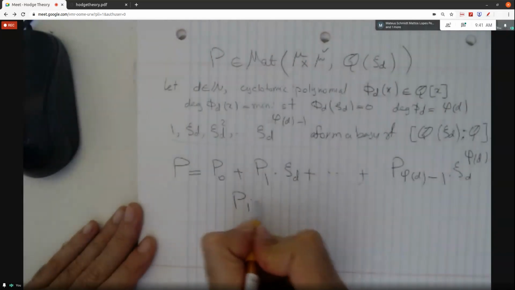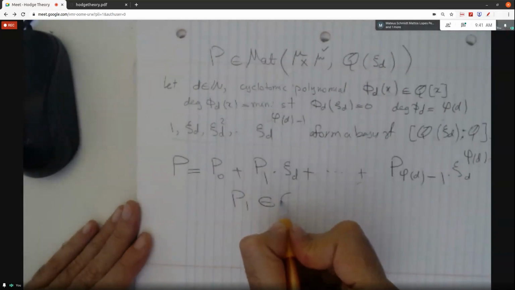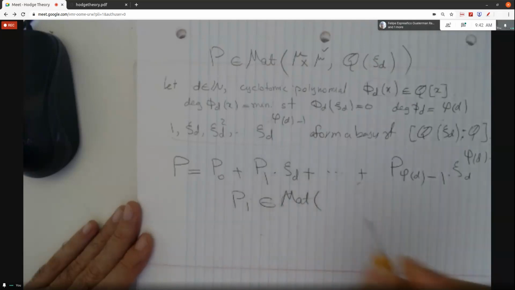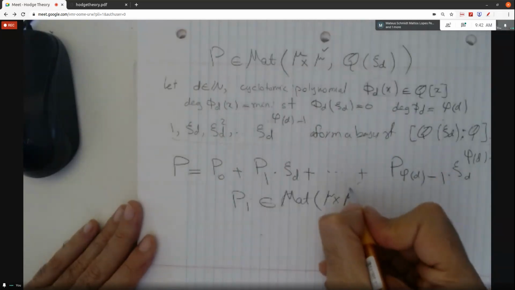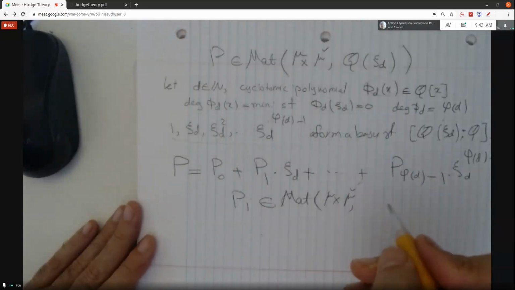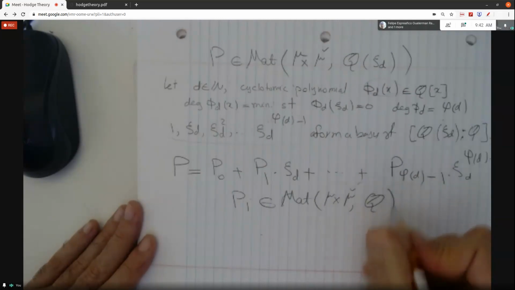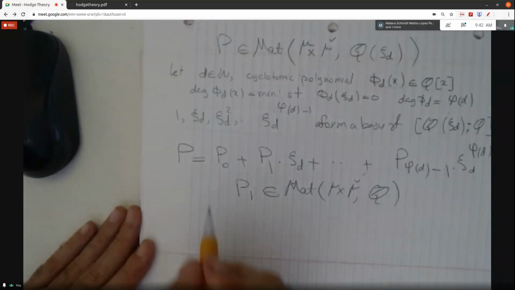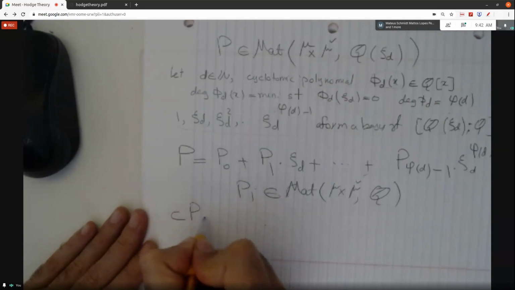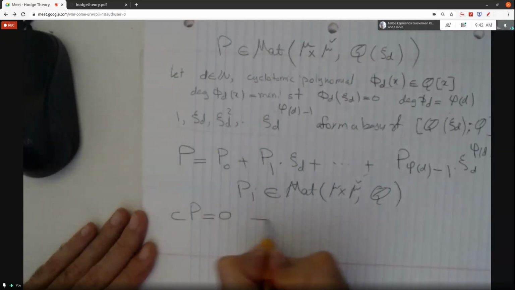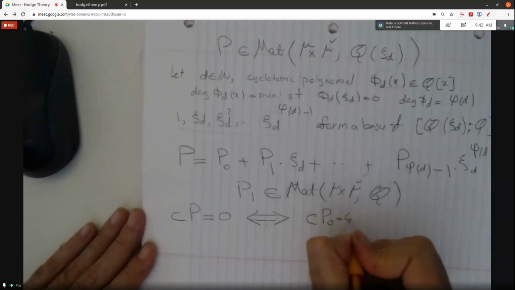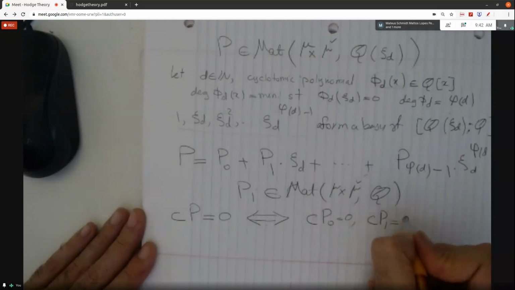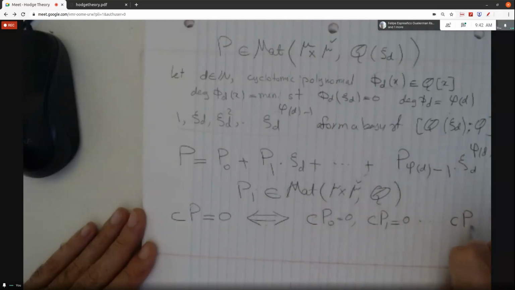And now these p_i's are matrices of the same size mu times mu check with rational coefficients. What I want at the end, I needed this equality, but this equality will be broken into C p0 equal to 0, C p1 equal to 0, and then C p_{phi_d minus 1} equal to 0.